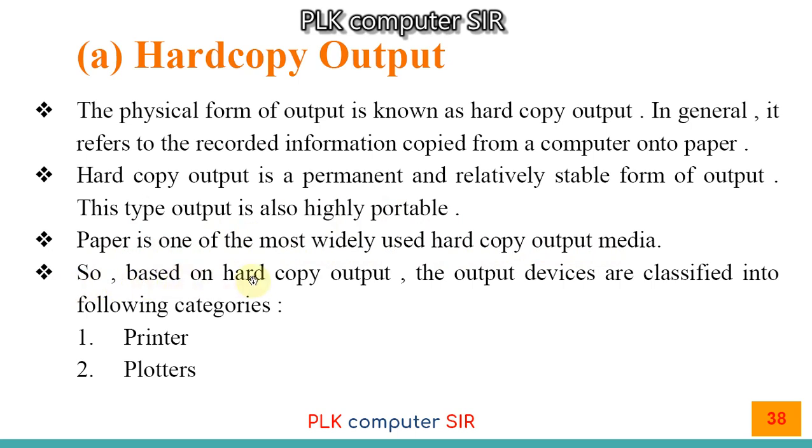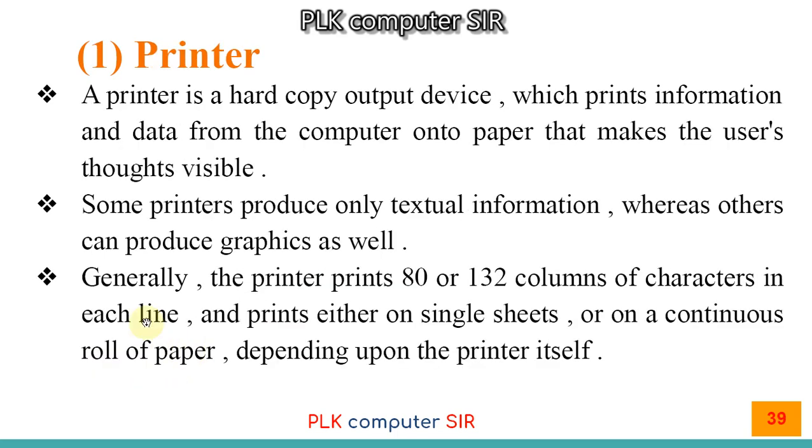Based on hard copy output, the output devices are classified into the following categories. Number A, printer, and number B, plotter. Now we will discuss them one by one. At first, printer. A printer is a hard copy output device which prints information and data from the computer onto paper that makes the user's thoughts visible.